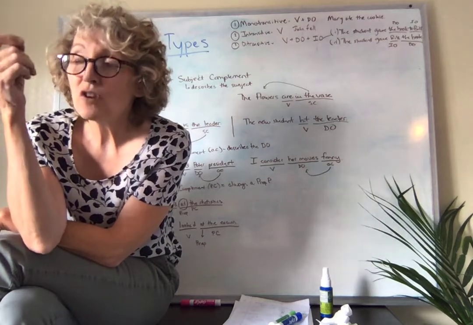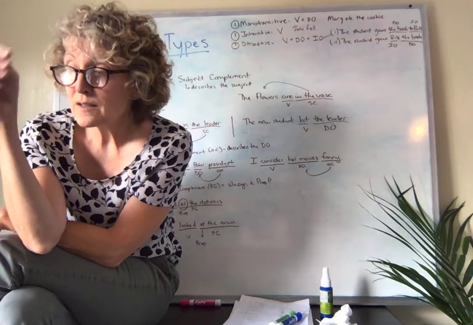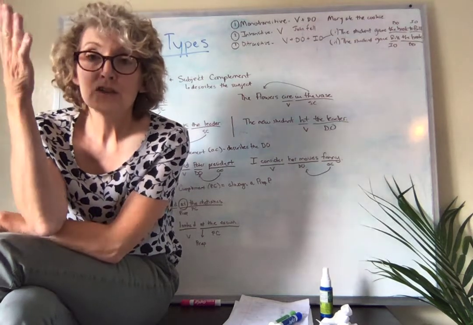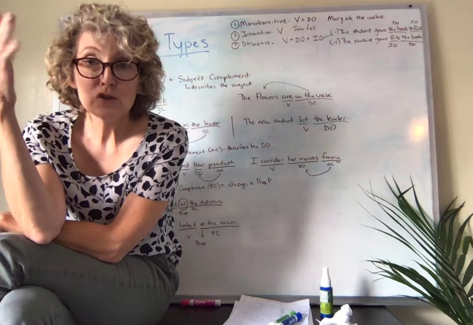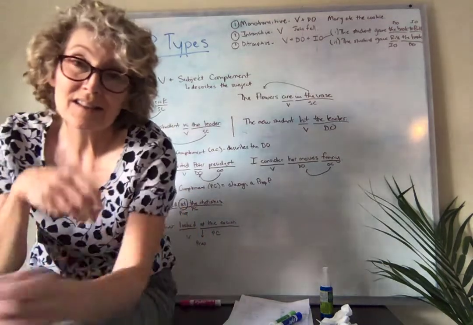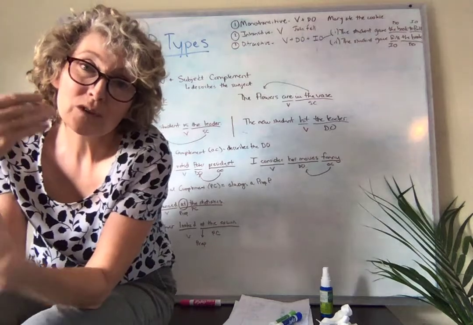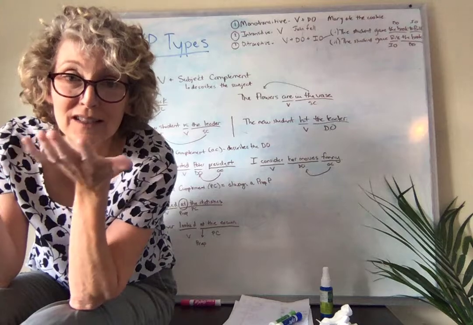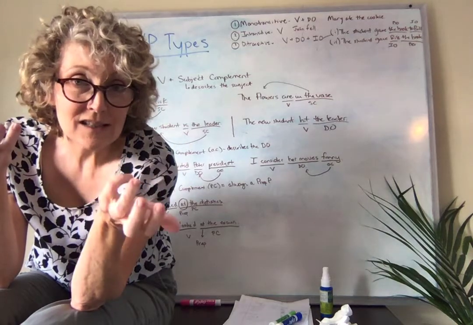So if you say, John gave some money to the cause. You know that John is the subject of the sentence, and so gave some money to the cause is going to be the predicate of the sentence.